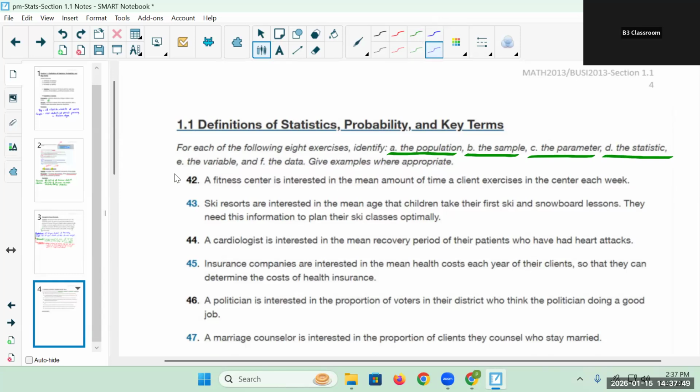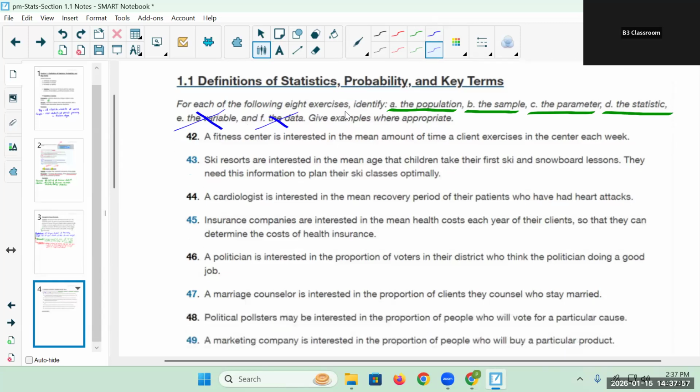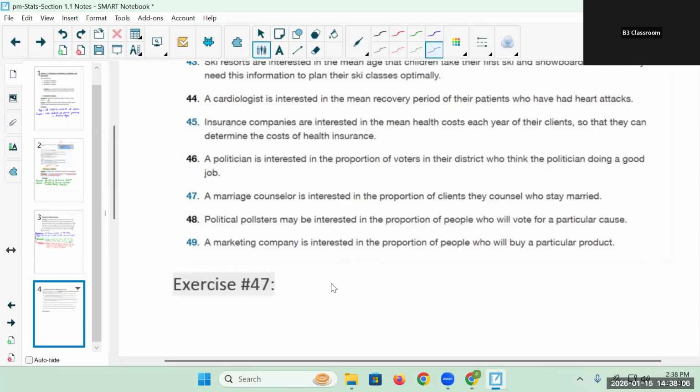I will not ask you anything about the variable and the data. Those terms may come later, but there are a lot more hands-on and applicable, not necessarily as much vocabulary. Okay, and we're going to look at number 47.